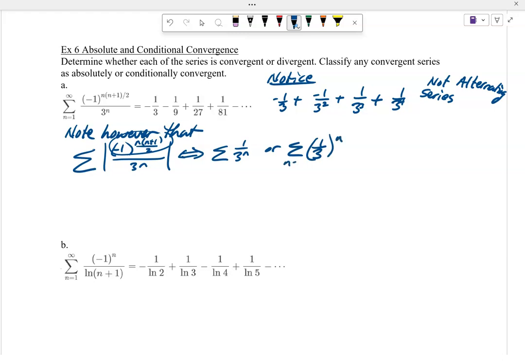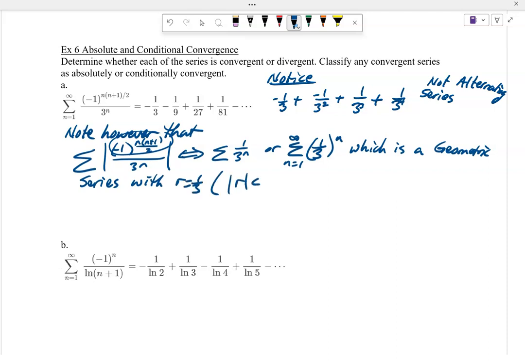That's the same thing, which is a geometric series with r being 1/3, so the absolute value of r is less than 1, so it converges.